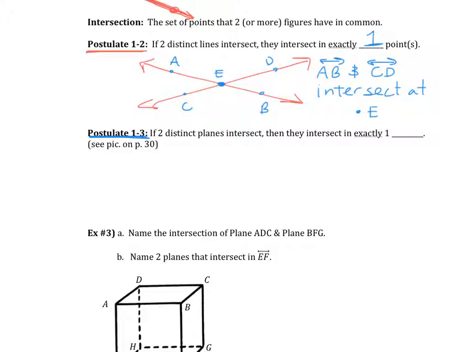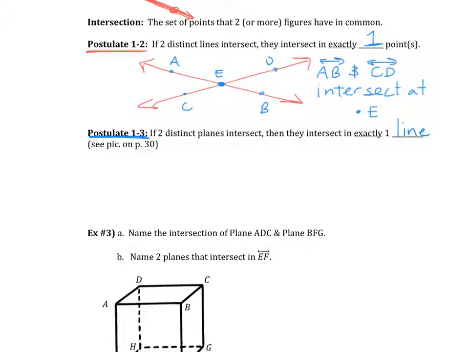At the bottom of the wall, in that corner, right? And if we think about what that corner represents in terms of what we talked about yesterday, it's like this, okay? But it never ends, because planes never end. What is the thing that goes like this that never ends? A line. Right, so if you have 2 planes that intersect, their intersection always has to be a line. So in exactly 1 line.